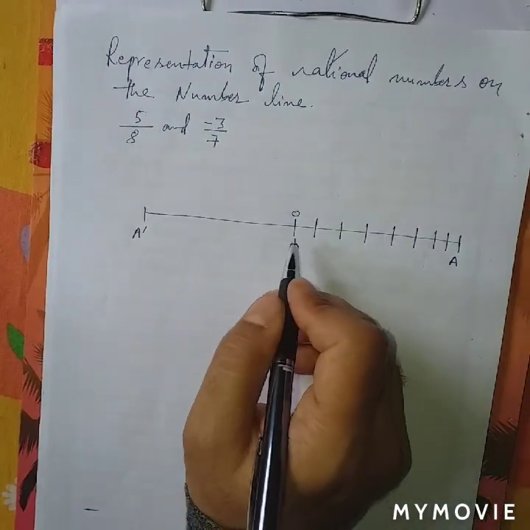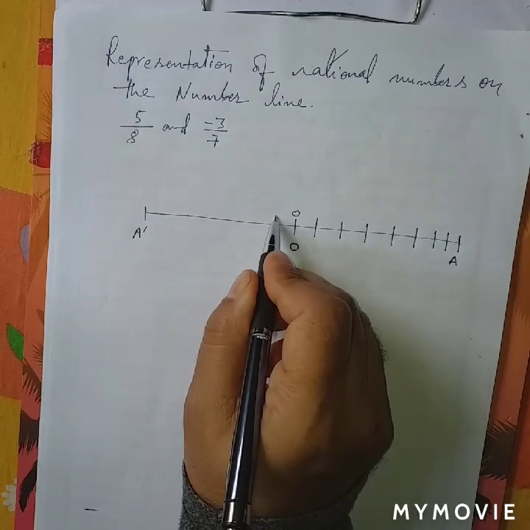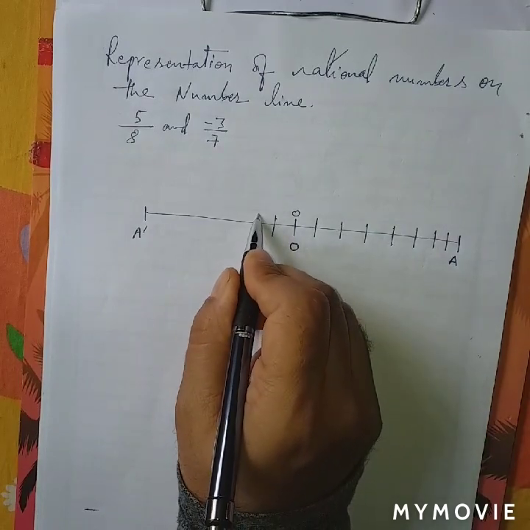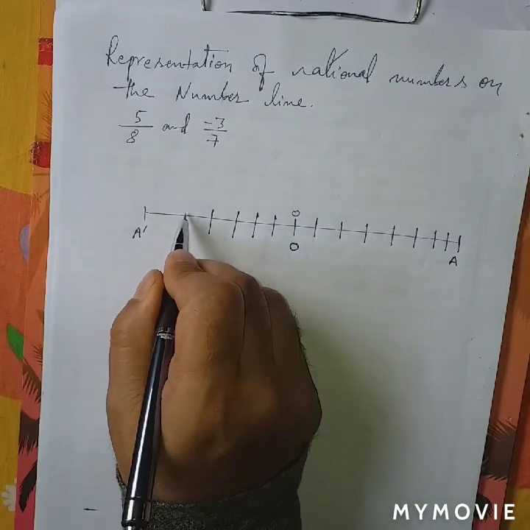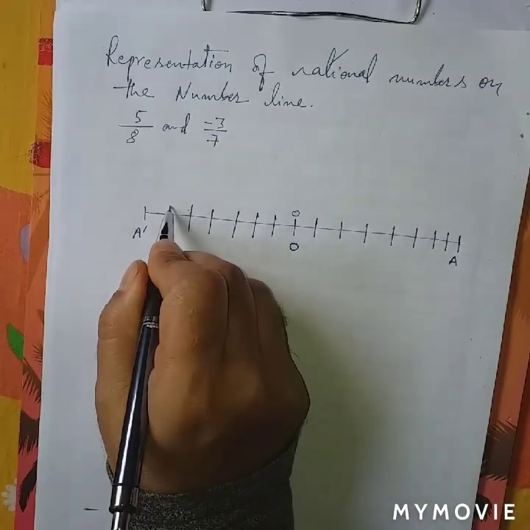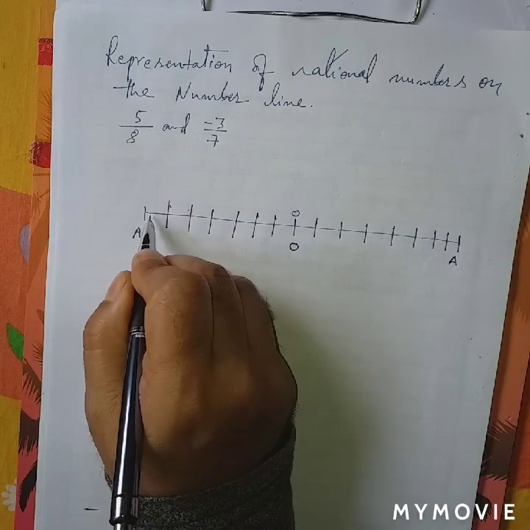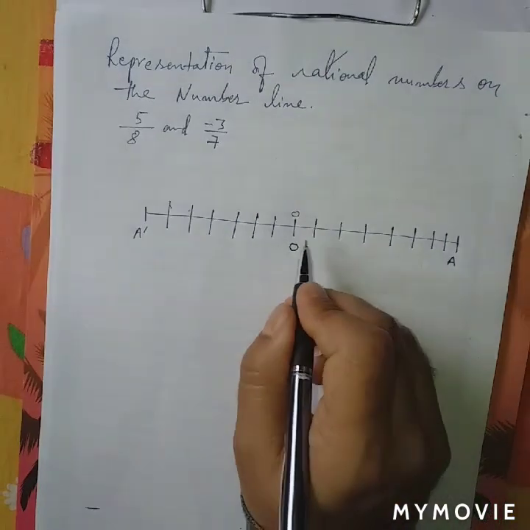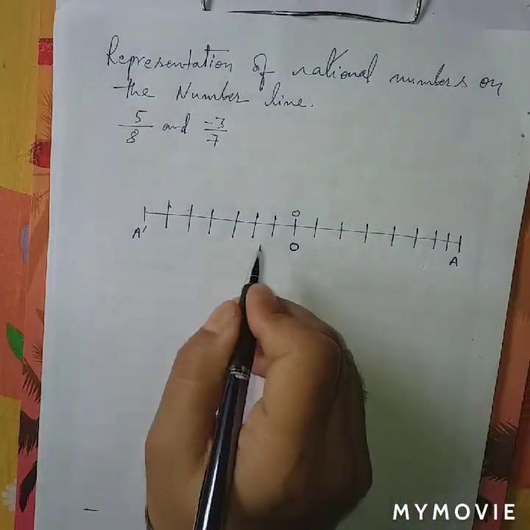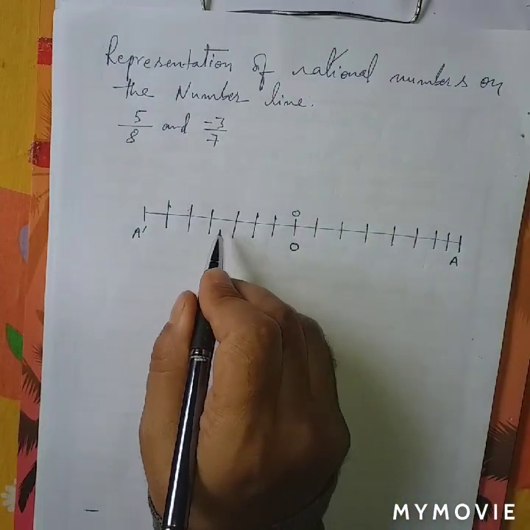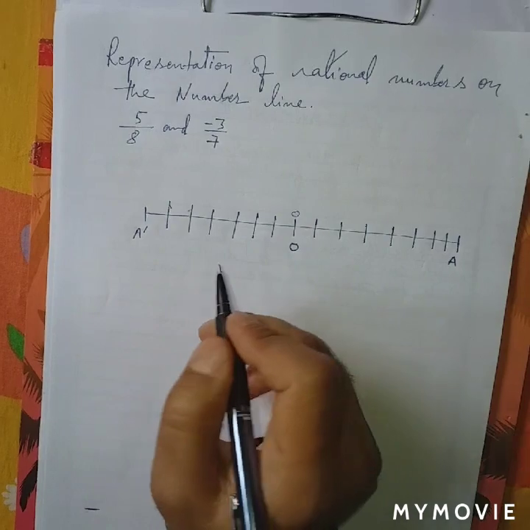So 7 equal parts we have to make. So 1, 2, 3, 4, 5, 6 and this is 7. Count once. 1 2 3 4 5 6 7 8 parts this side. This side 1 2 3 4 5 6 7 parts this side.